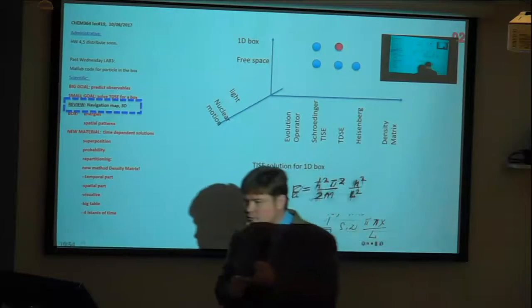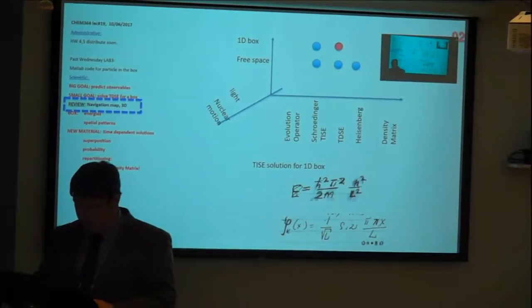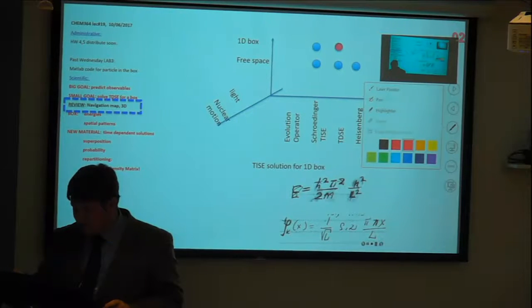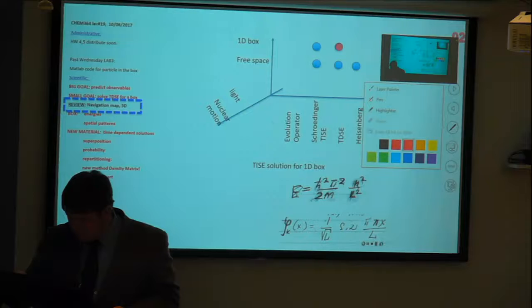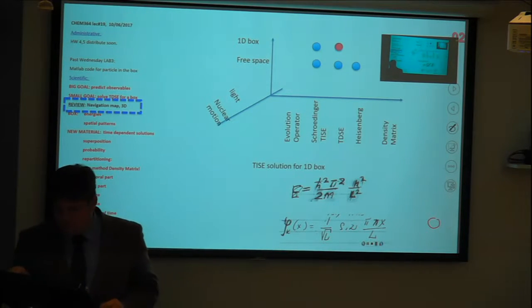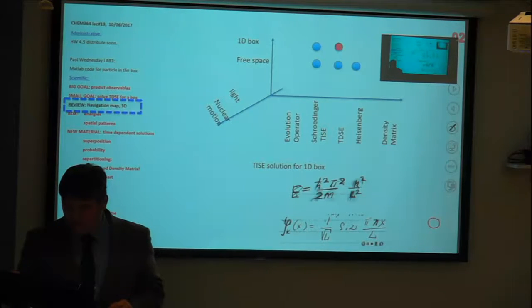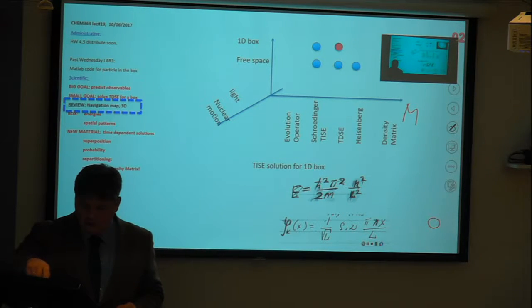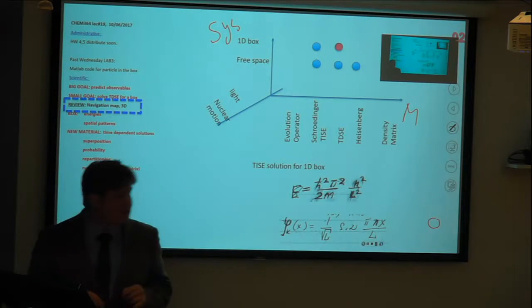A little navigation about our place in this world. So we can set up an axis of methods, an axis of molecules or real systems, and then there will be a third axis that we do not care about right now.